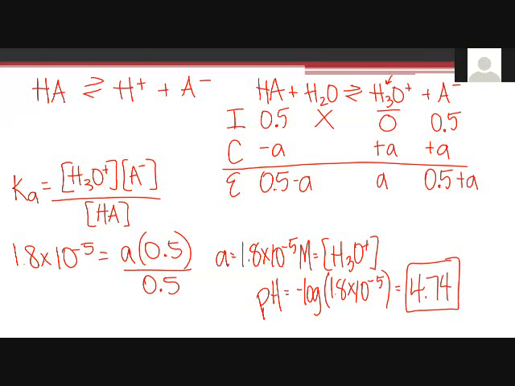Okay, so this math that we've just done is very similar to other stuff we've done. How we could compare this is if we took this 4.74 and compared it to what if the acetic acid was just in pure water, and do all the math and have this be 0 for this spot right here, solve out what the H plus is, and then solve for pH that way.